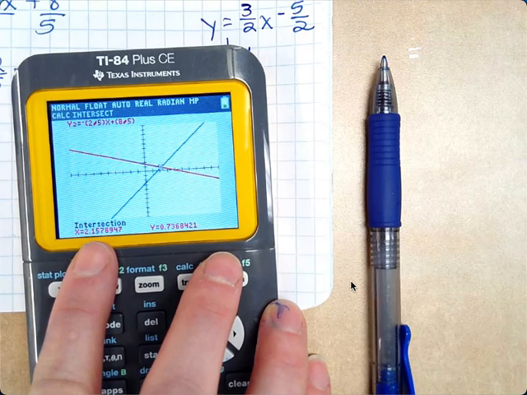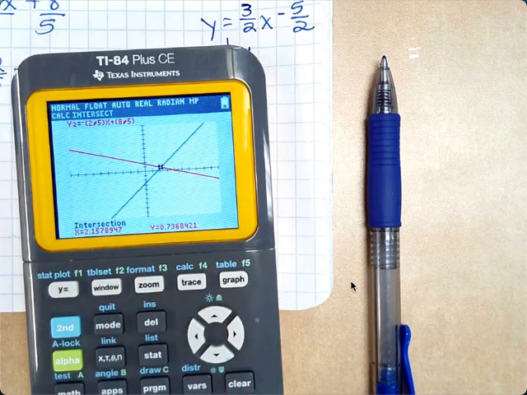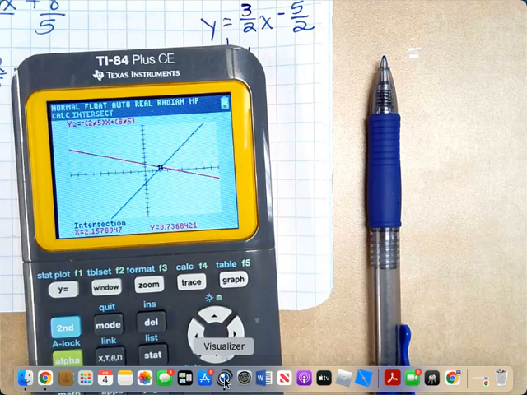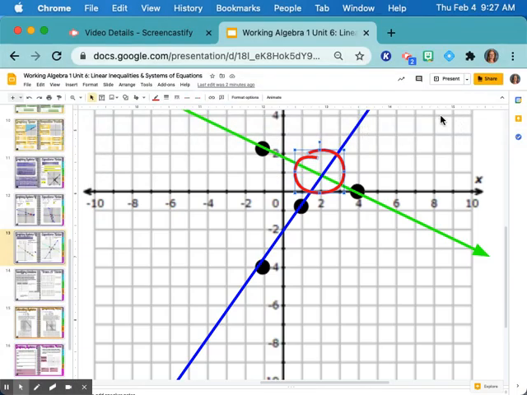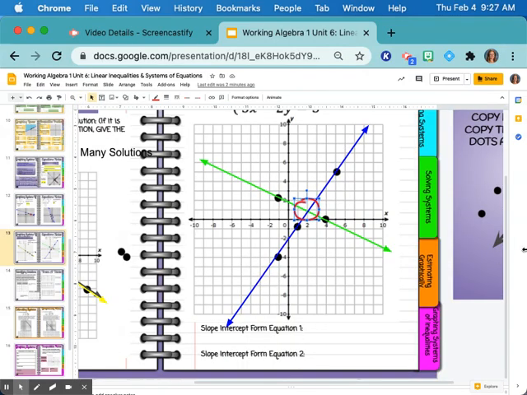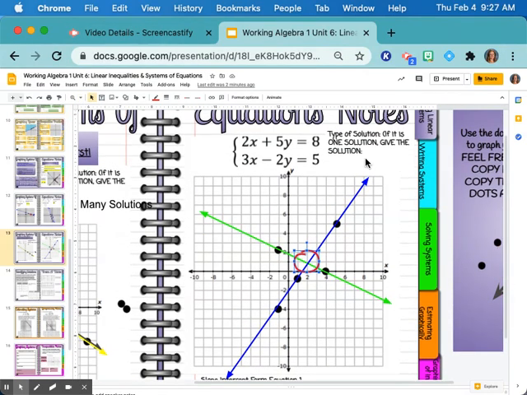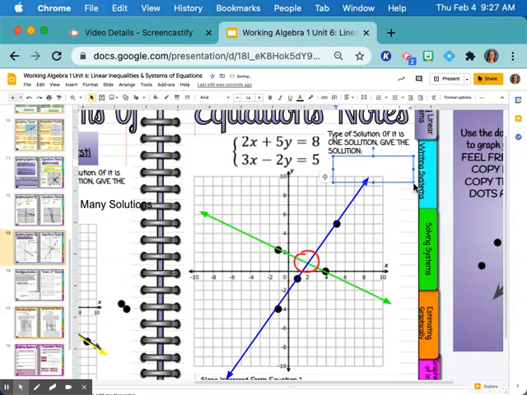Let's round it to the hundredths, which is your 2 decimal places. So that'd be 2.16 and 0.74.